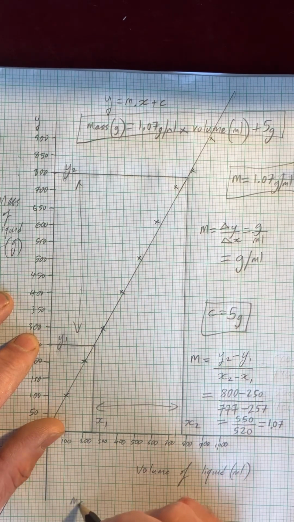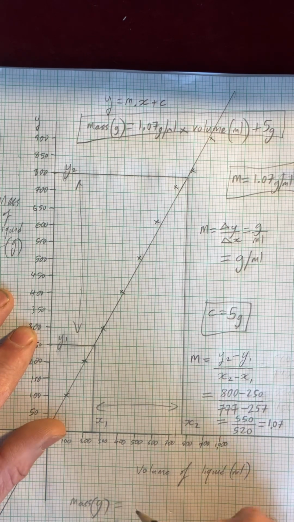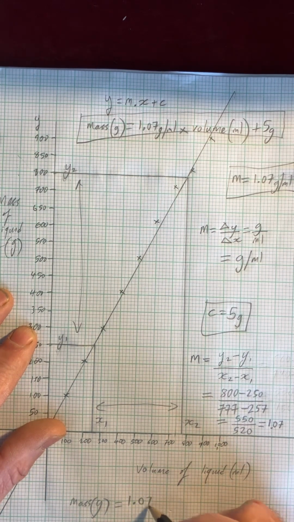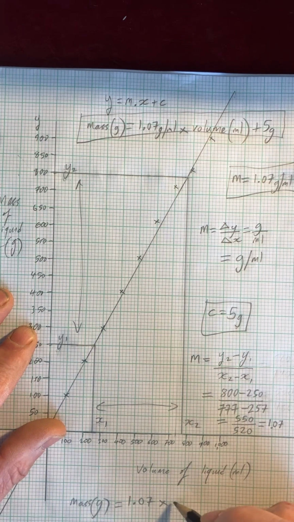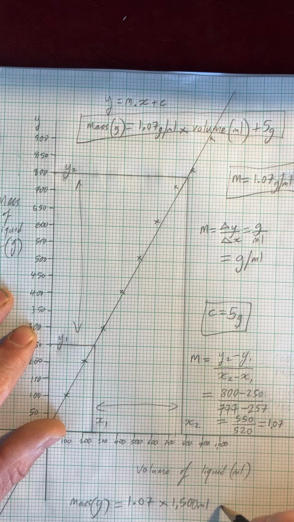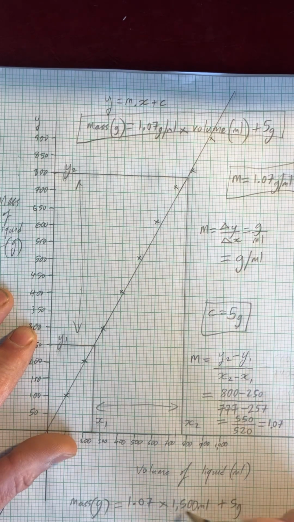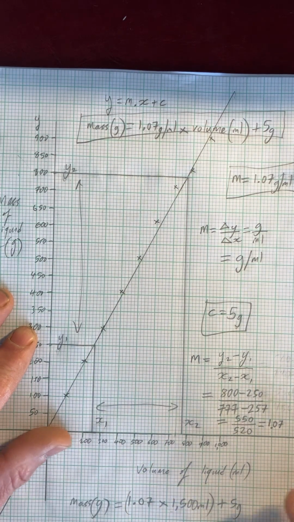Okay, if I say to you, what would be my mass if the volume was 1,500 milliliters? The mass in grams will equal 1.07 multiplied by 1,500 milliliters plus 5 grams. Don't forget your c value. Always do your multiplication before the addition.